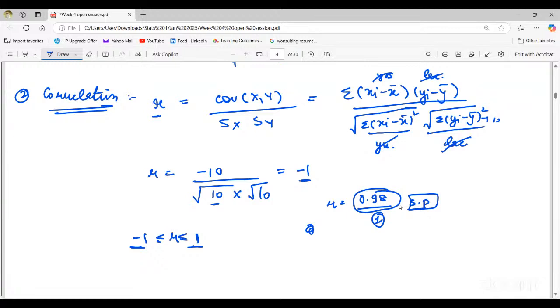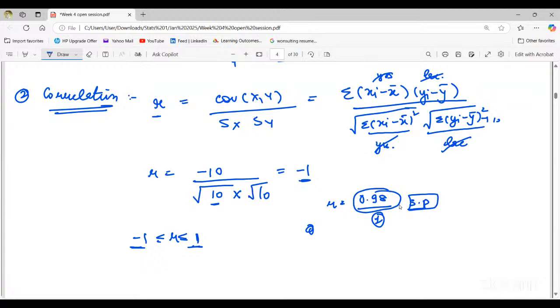It's easier to interpret the strength of the linear association from correlation. Also, covariance doesn't have any limits, but correlation is only between -1 and 1. Good. So I think everybody is clear with the topic, the correlation and the covariance, right?